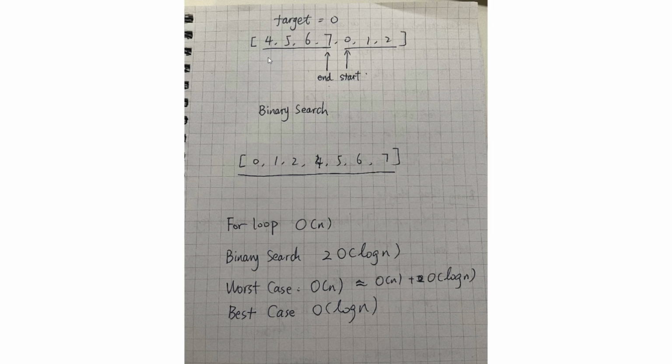So we can use a for loop to check if the current number is larger than the next number, and then assign the end and the start to denote the different portions. As we can divide the array into two portions, we can separately use binary search to solve the problem.